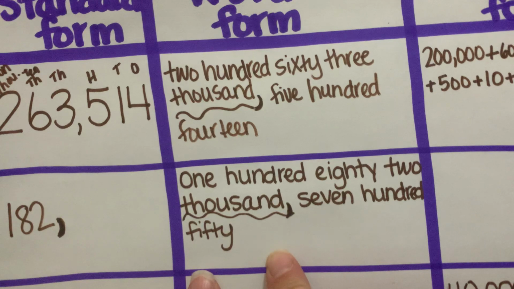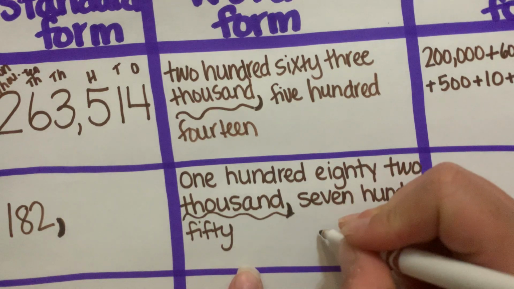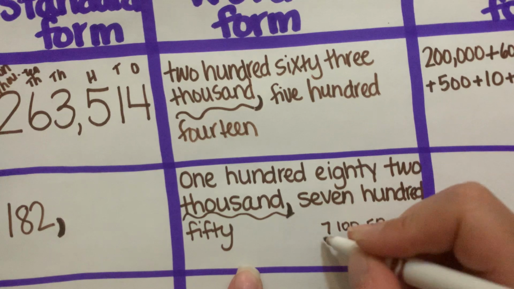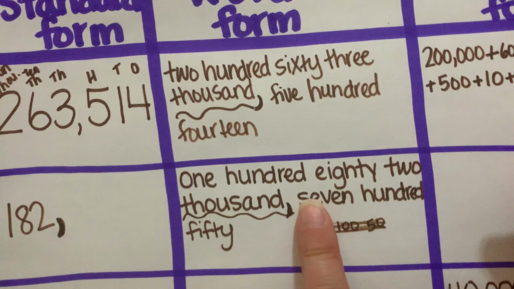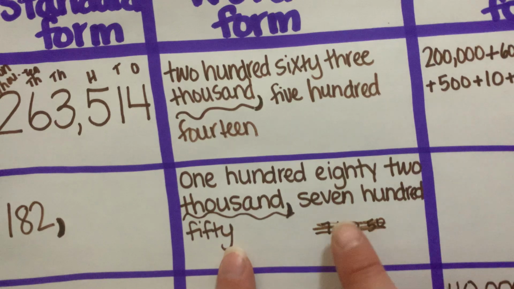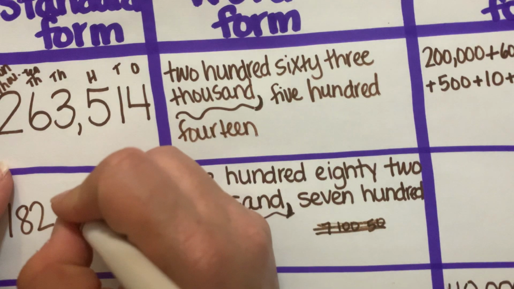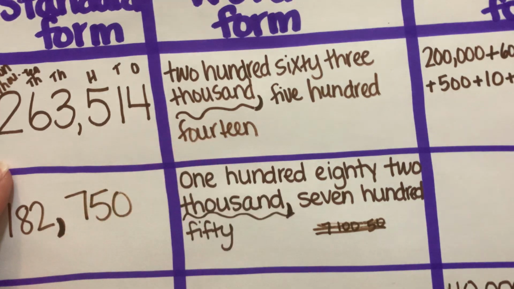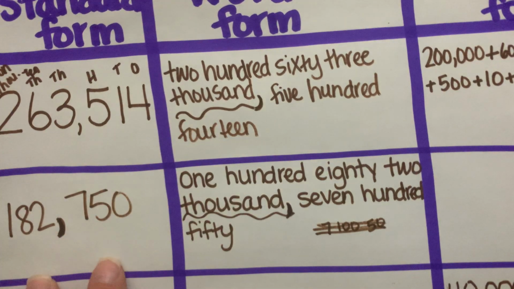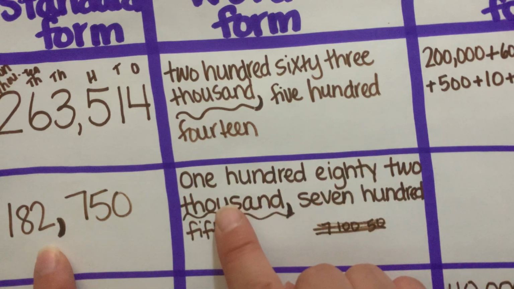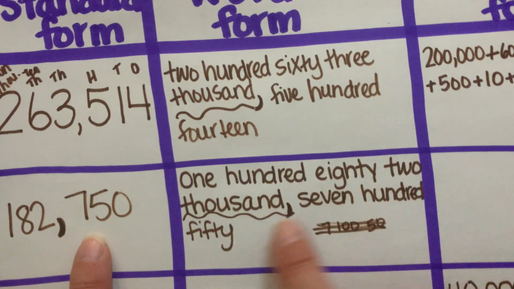Okay, so it's not 7, and then 100, and then 50. But think of the number 750. Read it all together. 750. Oh, I know what that number looks like. 750. So now let me check, does it match? 182,000, yeah. 750, 750. They match.